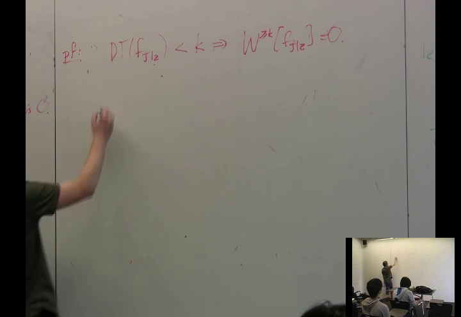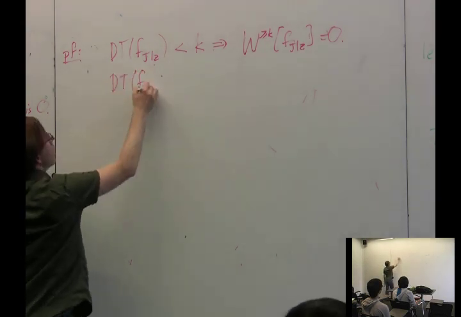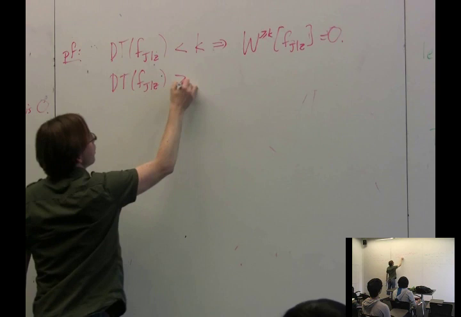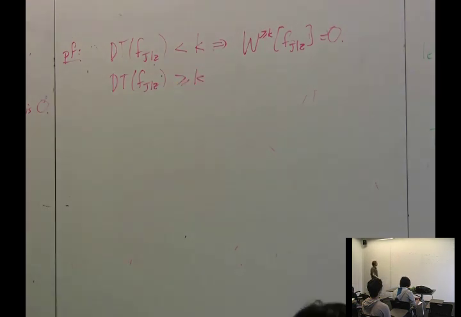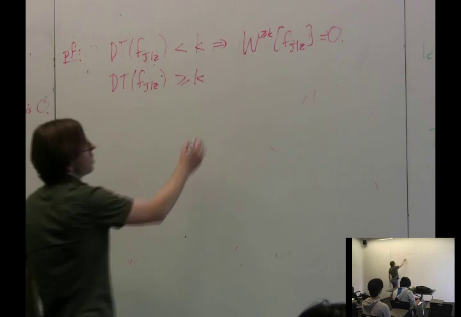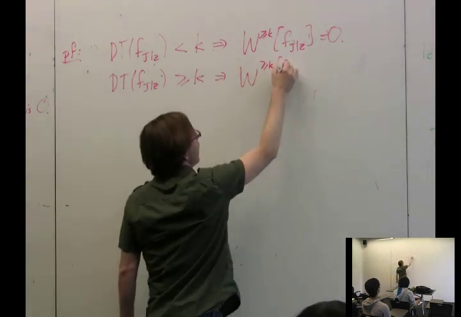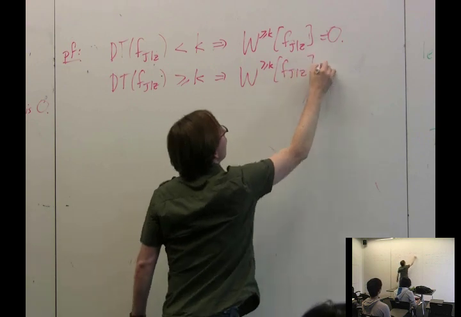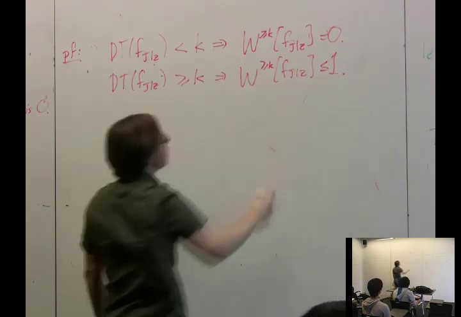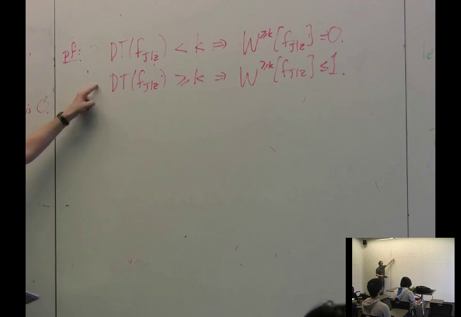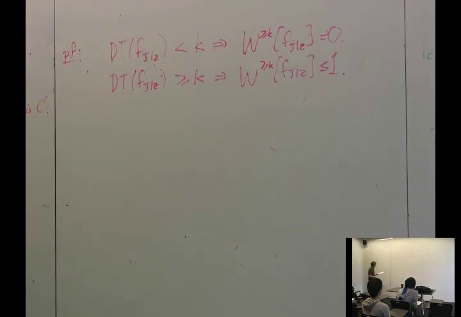On the other hand, there's some chance that you do the restriction and the resulting function does need a decision tree of depth at least k. In that case, we'll just use the most trivial bound, which is that perhaps the weight above level k is 1. But this only happens with probability epsilon by hypothesis.